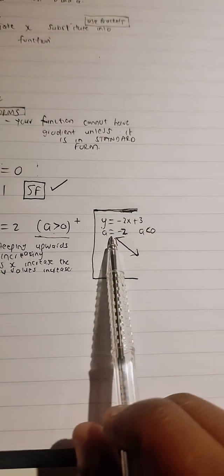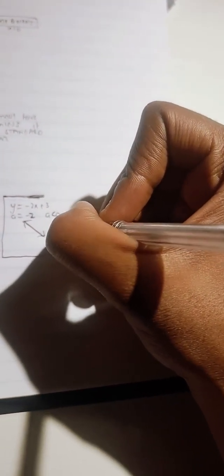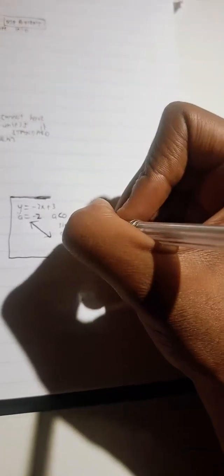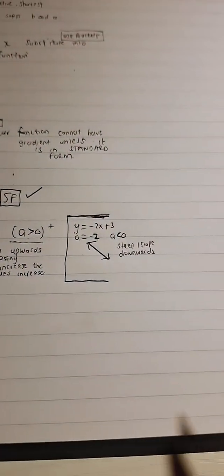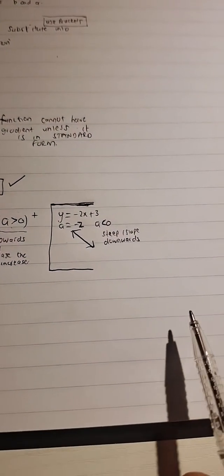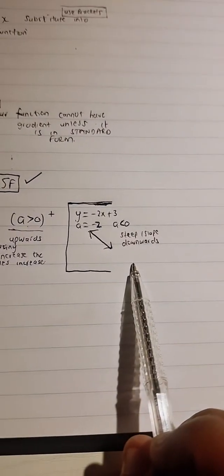So this function is steeping downwards, or slope. Okay, steep or slope. You might find that these words are used synonymously. Sloping downwards. So this means as x increases, y is decreasing.